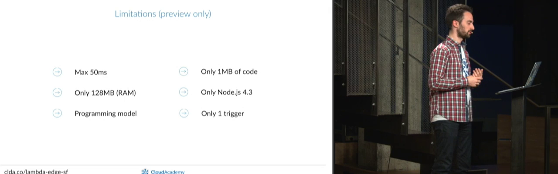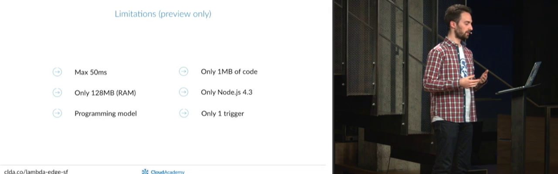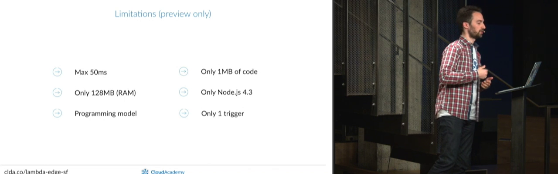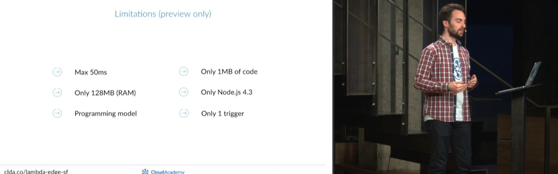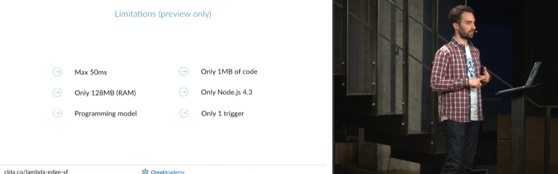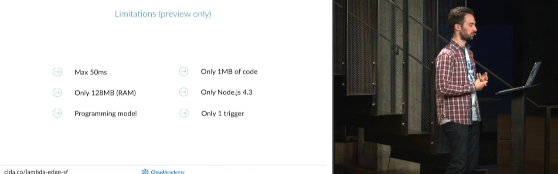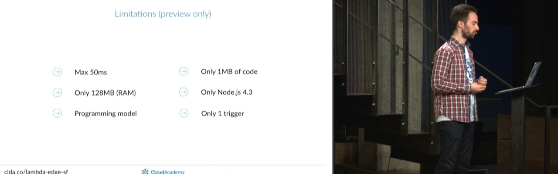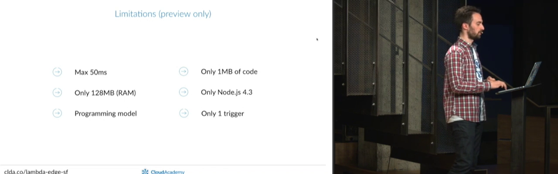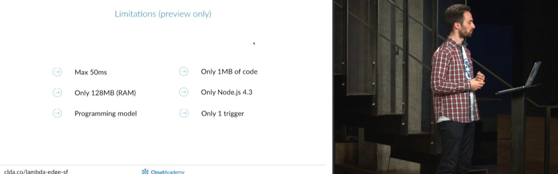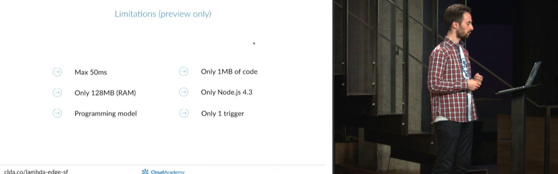You'll have a bit more storage available at the edge. Also, your invocation must finish within 50 milliseconds, which sounds like very little, but when you cannot query a database or do HTTP calls, it's a lot of time for pure computation. And you cannot currently choose any power, any memory or CPU power.